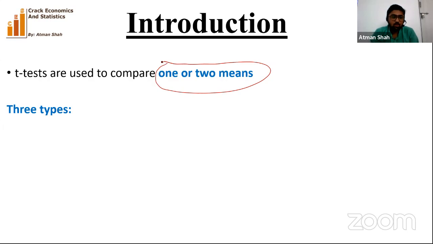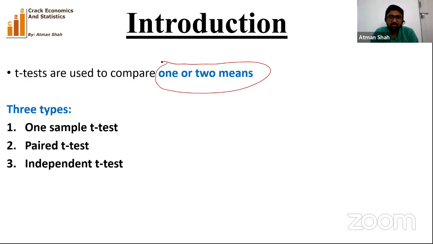There are three types of t-tests. First is one sample t-test. Second is paired t-test, and third is independent t-test. In this session, I'm going to discuss the theory and practice of all these three t-tests. First we are going to discuss the theory of each test, and then I'll show you how to perform this test in SPSS and how to interpret the result of the test.